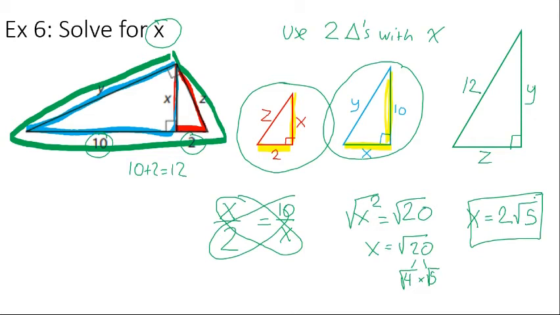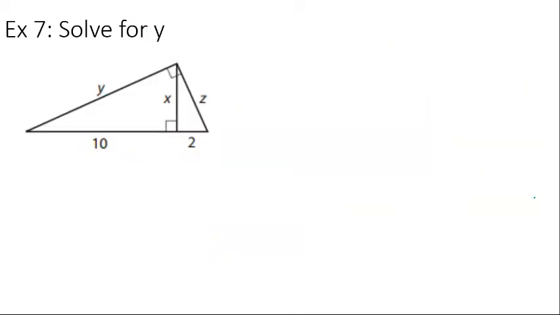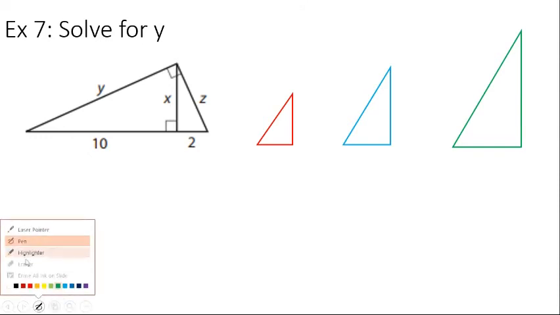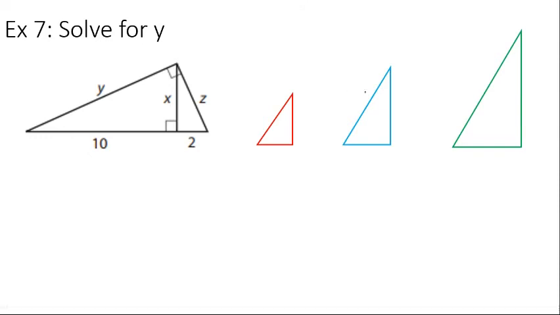Right, so now I'm going to solve for y. So to solve for y, again, I'm going to set up my 3 triangles here. So when I put in my values here, I know the small triangle has values of 2.